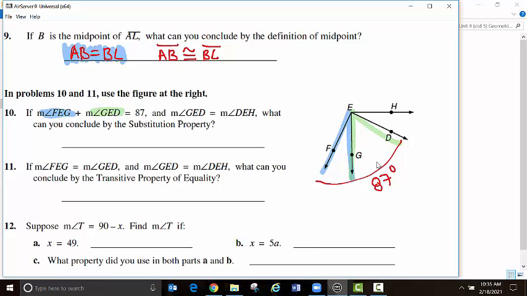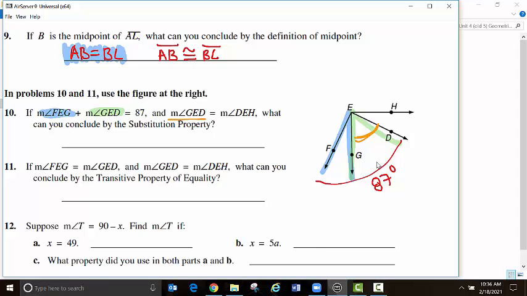Okay, and then it says GED, it says this piece, no, this is a typo.